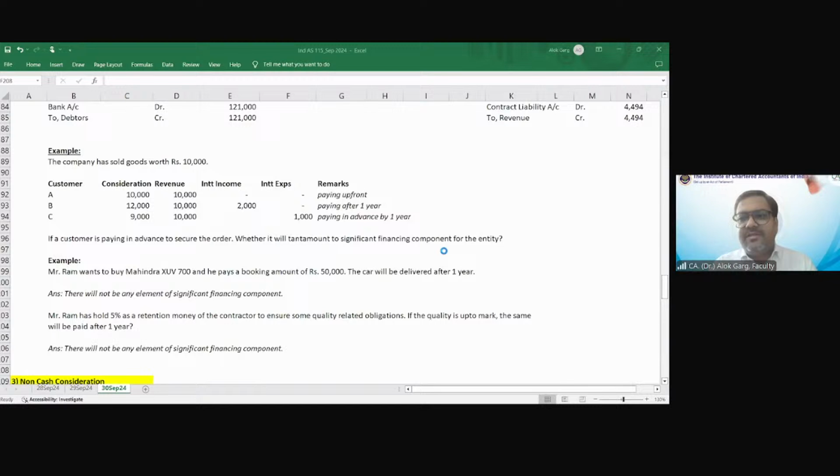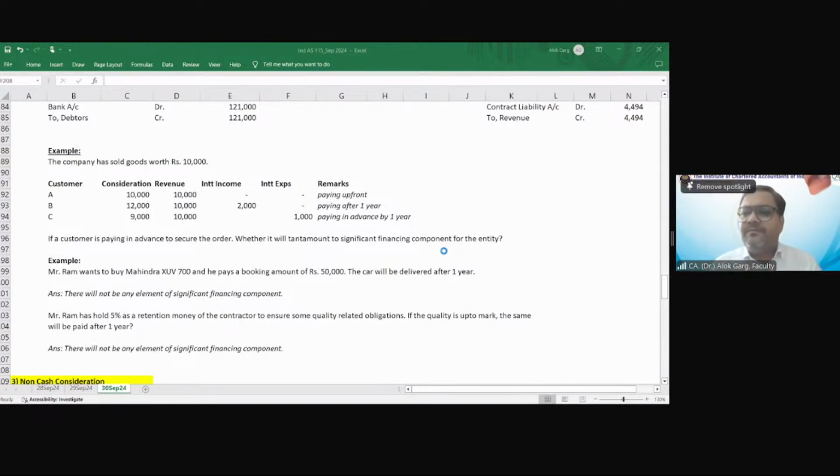In the next batch, the May batch, he has not come. In the third batch, he has again not attended. So the delay is not because of the company. The delay is not because of Alok. The delay is because of Abrakesh. The customer is not willing to accept the goods and services at that point of time. Is that clear?